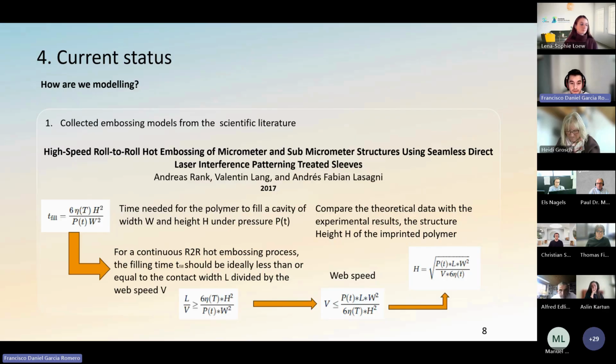For example, here, how we obtain the height replicated from the embossing tool. First, the time of filling a cavity with a certain width and height, and how it is translated into a continuous roll-to-roll hot embossing process until we get the final equation. All of them are implemented, but the final equation is what will give you the prediction of the height replicated in the polymer.